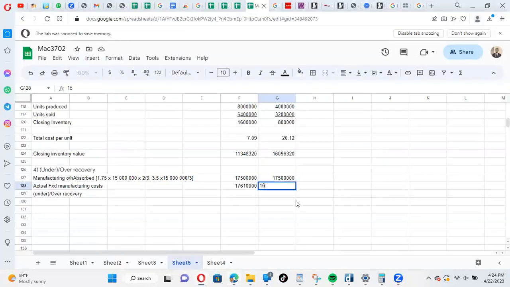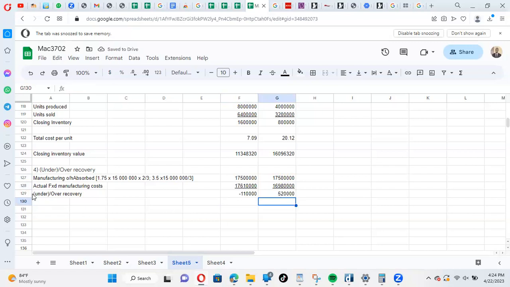So let's do it like that now. So now we want to do it this way. Minus. Minus again. So we are going to take them as they are.